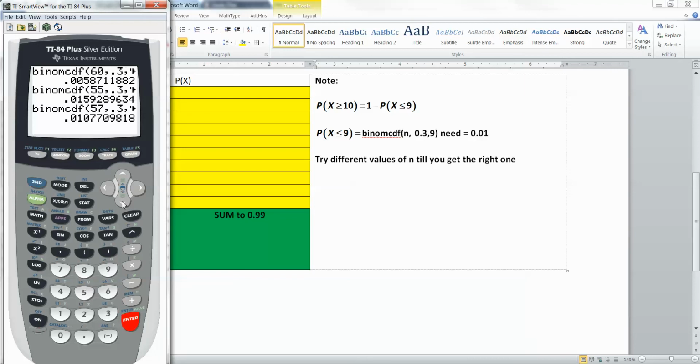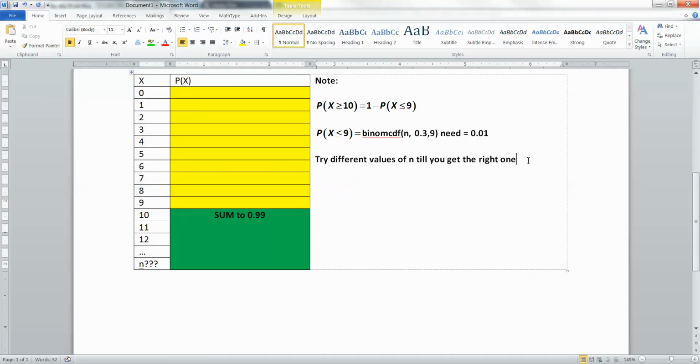Let's try 58. Okay, that's too small. All right, so the closest one is 57. So through by trying different values, n is equal to 57 is the best.